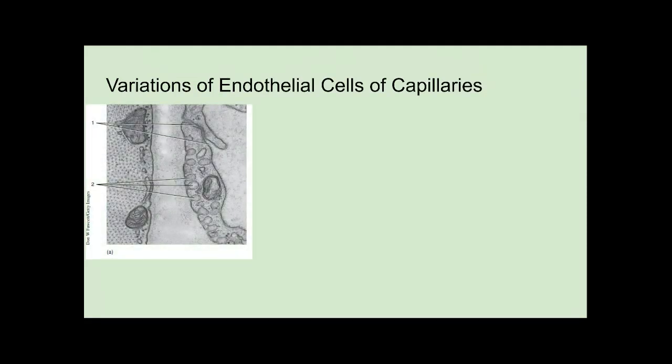These, 1 and 2. So 1 is an intracellular cleft. You can see those small spaces between the cells. And 2 are vesicles. So vesicles are involved in transcytosis to remove molecules from the cell.